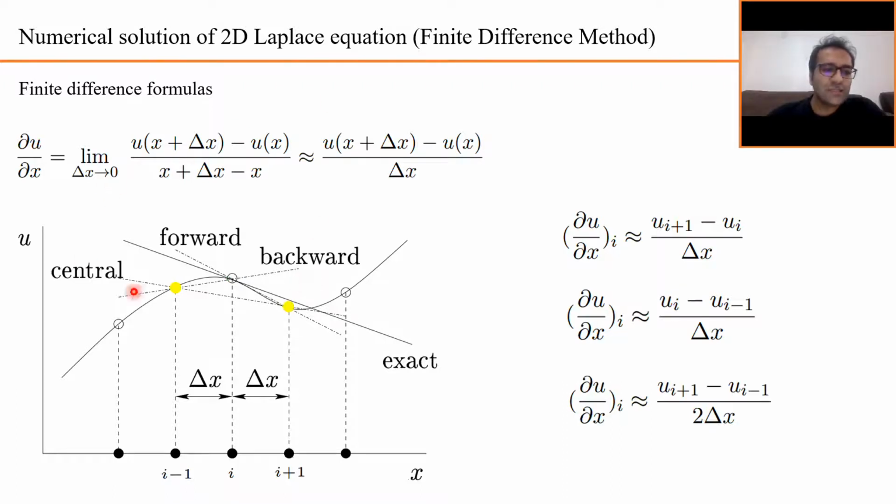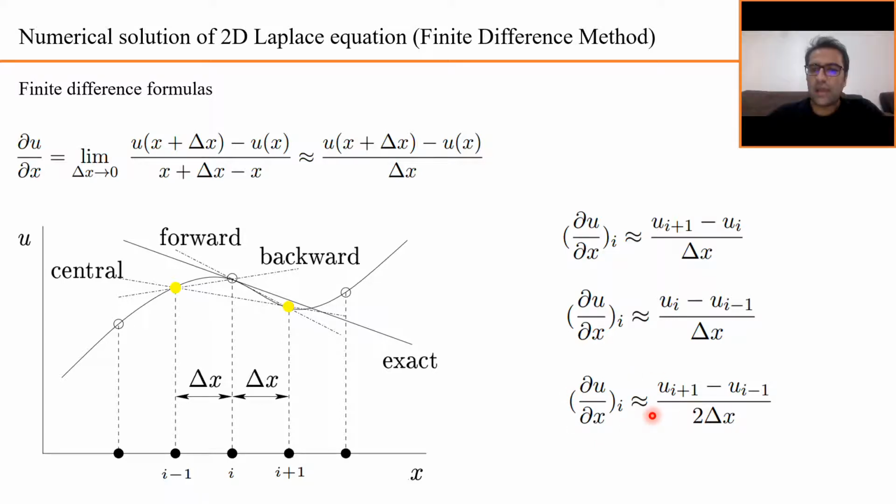Another is the central finite difference, and it is the value of the function at the next point minus the value of the function at the previous point divided by this interval, and this is 2 delta x. So the first derivative of a function with respect to a variable, we can replace with these definitions: the forward, the backward, and the central finite difference.